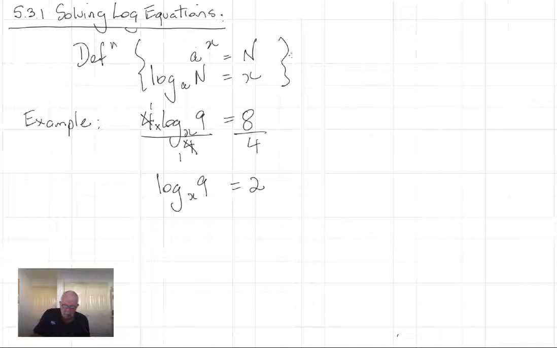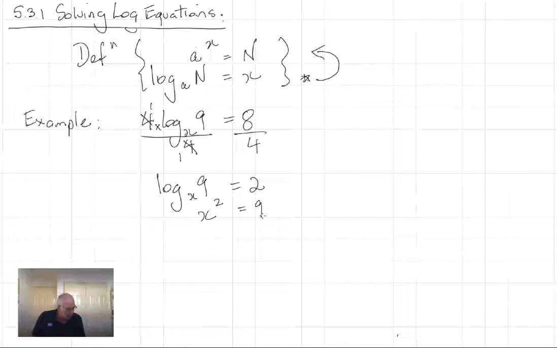Now, one way of looking at it is we've got the definition up here: log of a number to some base equals 2. So we can say that x, my base, to the power of 2 will produce the number 9.